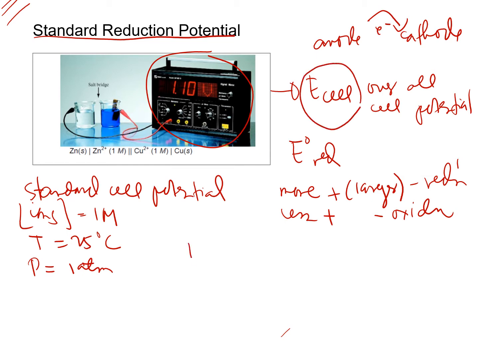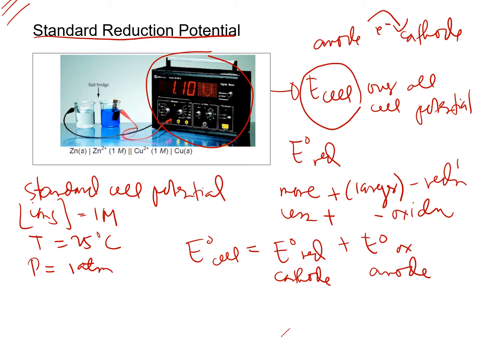In other words, our E cell is the summation of the two potentials in the two half cell reactions: the reduction potential associated with our cathode and the potential associated with our anode.